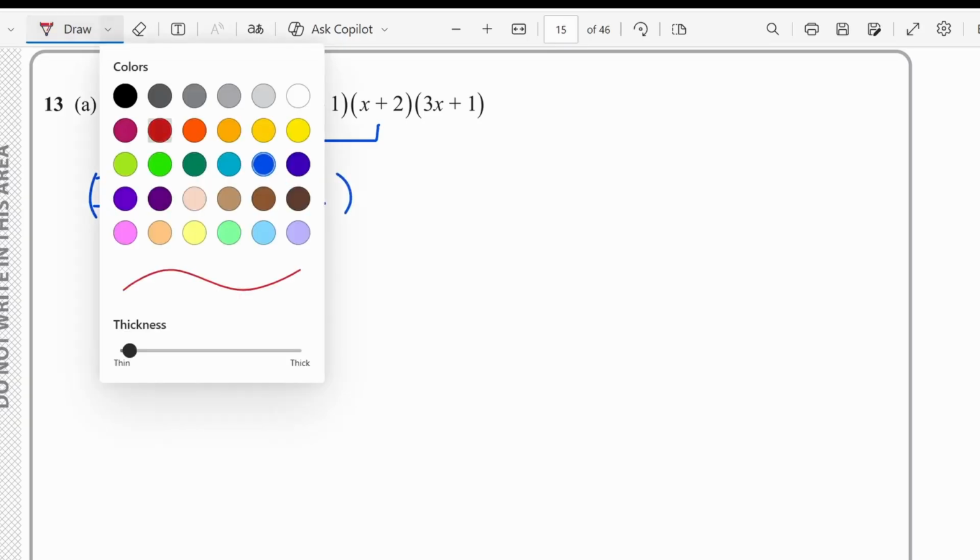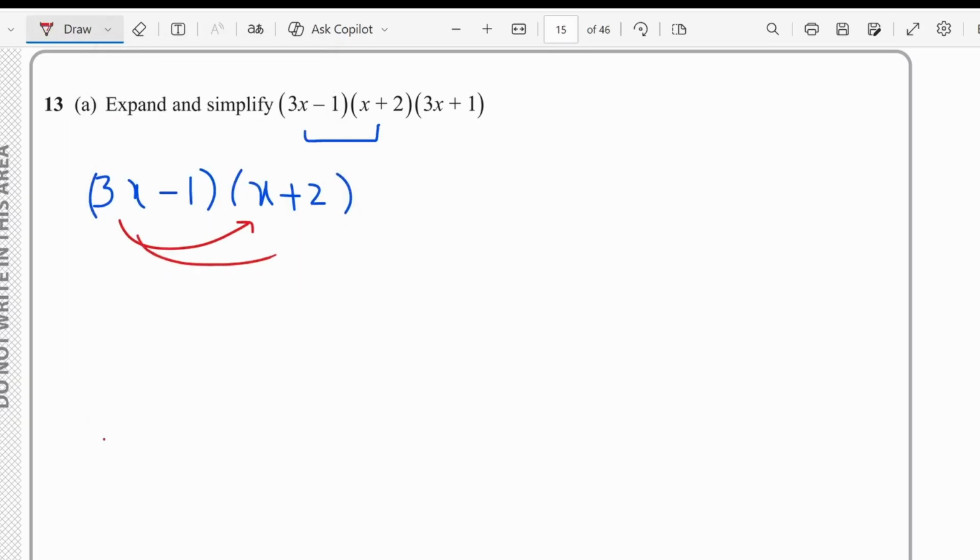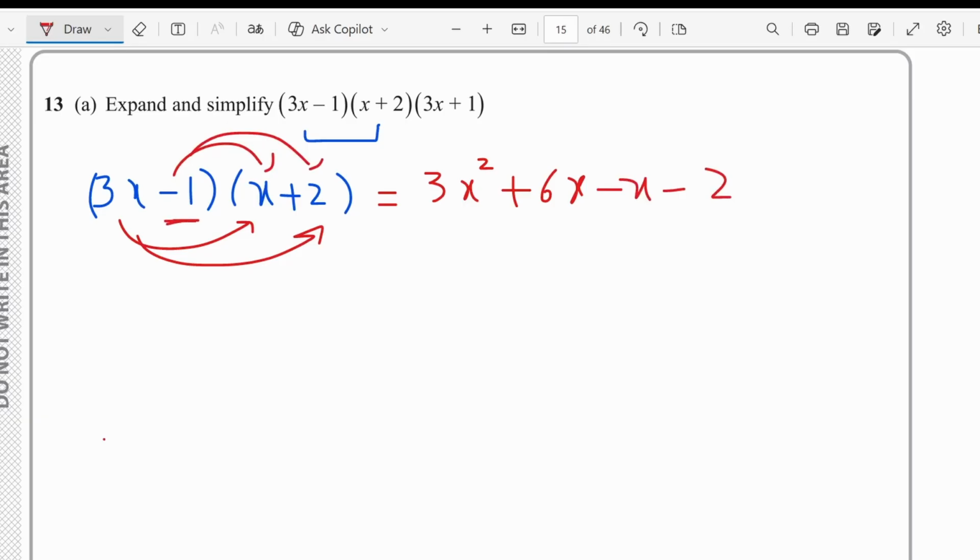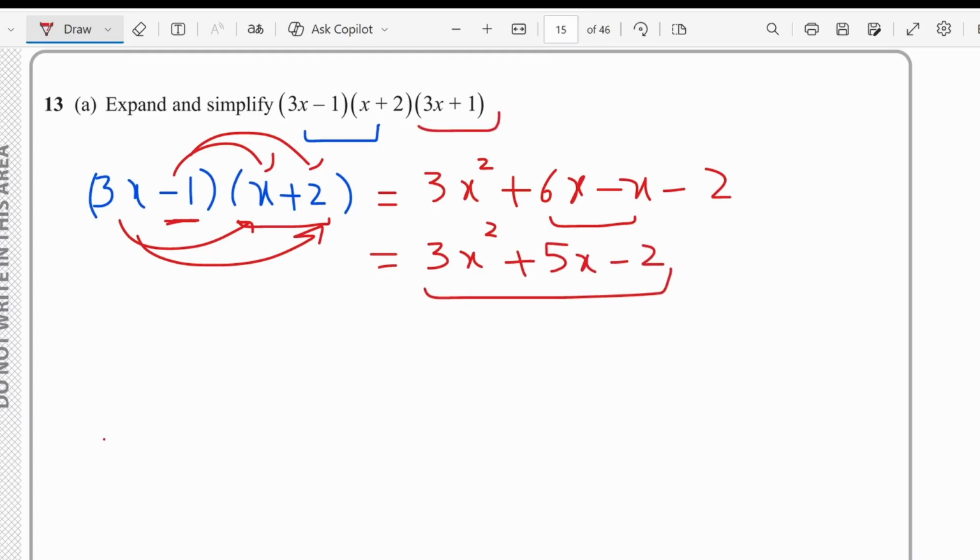If we multiply 3x with x and then 3x with 2, we'll have 3x squared plus 6x, now minus x and minus 2, as this minus sign will multiply with both of the other values. Now simplify like terms. We have 3x squared plus 5x minus 2. Now we are going to multiply this with this last bracket.